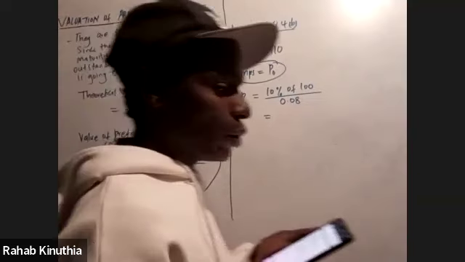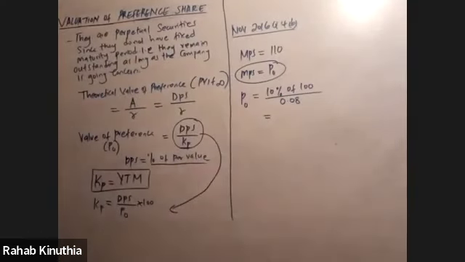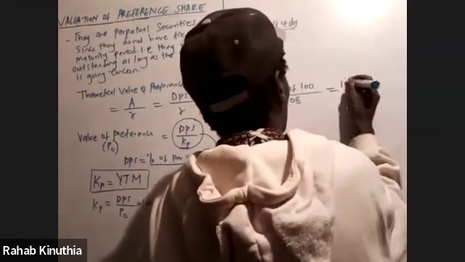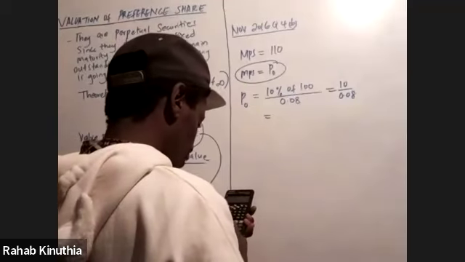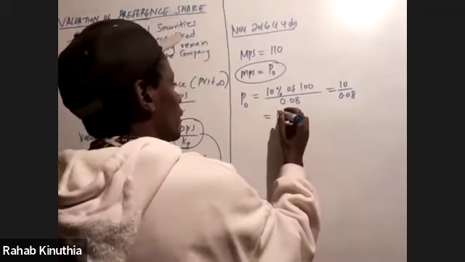So what will be our P0? So 10%, 0.1 times 100, which is 10 over 0.08. So 10 divided by 0.08 is 125.